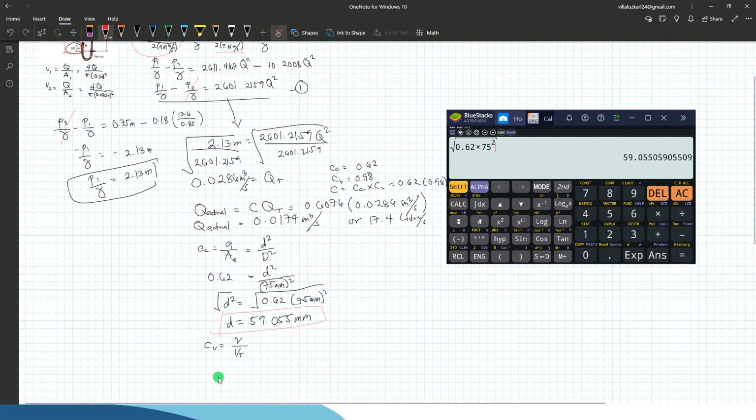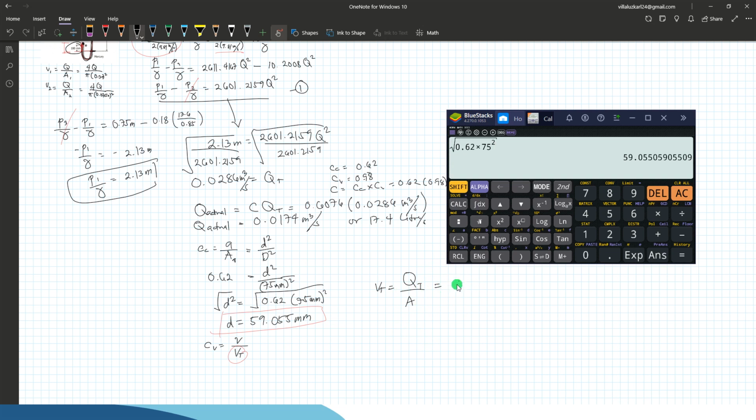Or we solve the theoretical velocity: the theoretical discharge divided by the cross-sectional area of the opening of the pipe.